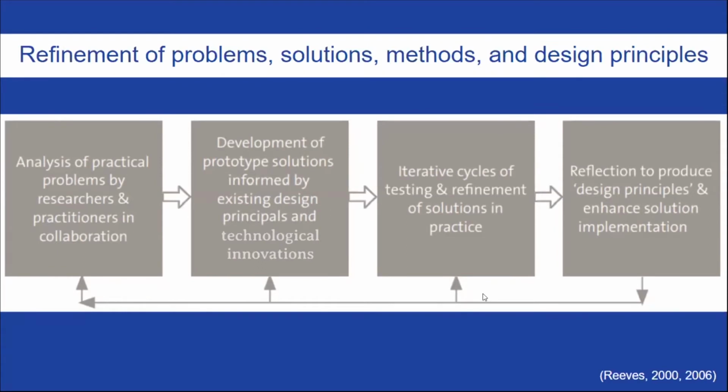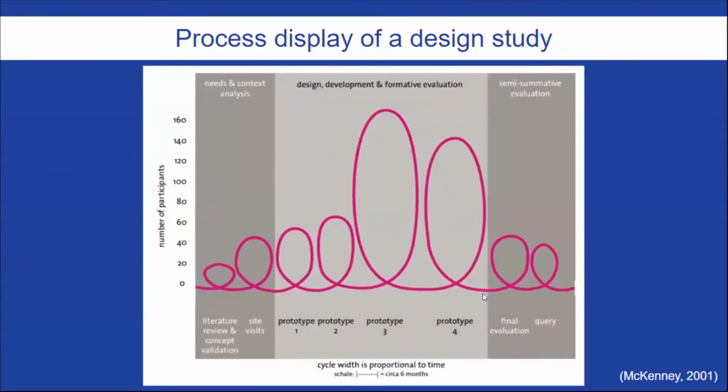Okay? This model was the research design used by Susan McKinney in her thesis, and it has three main phases: analysis, needs and context analysis, design development, and formative evaluation, and then the third phase, semi-summative evaluation. Each phase consisted of multiple cycles of activities.